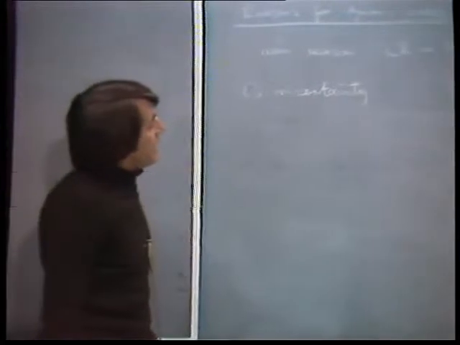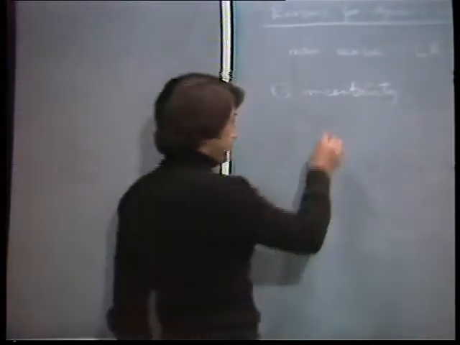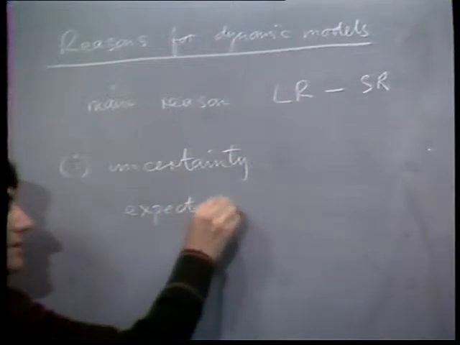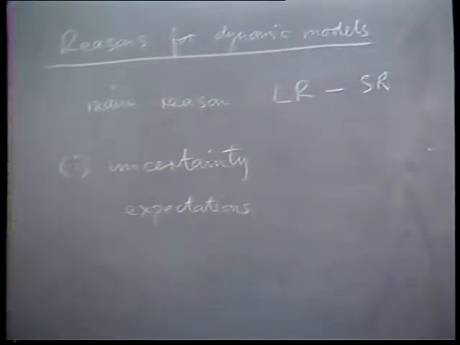When we're doing that, how could we introduce expectations? So we're now saying because of uncertainty, we will form expectations as to the values that particular variables are going to take. We don't know with certainty what the values will be. We'll form expectations.